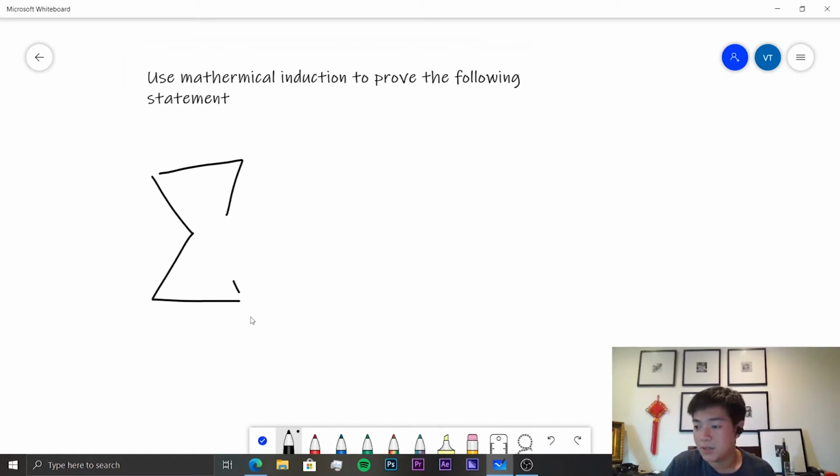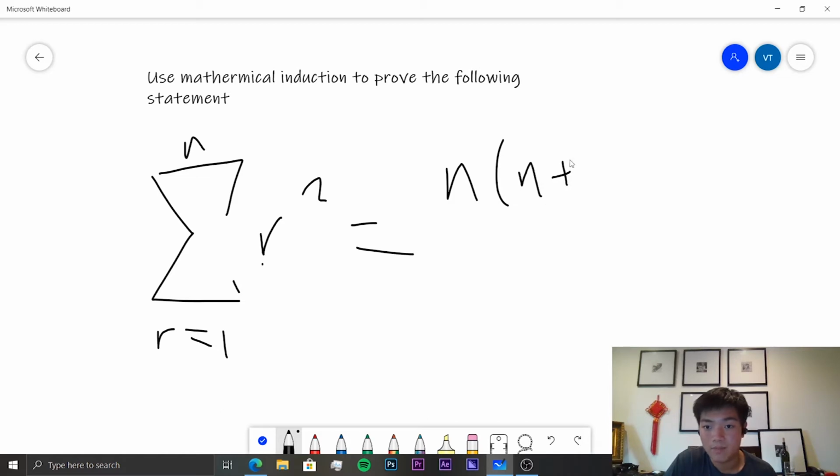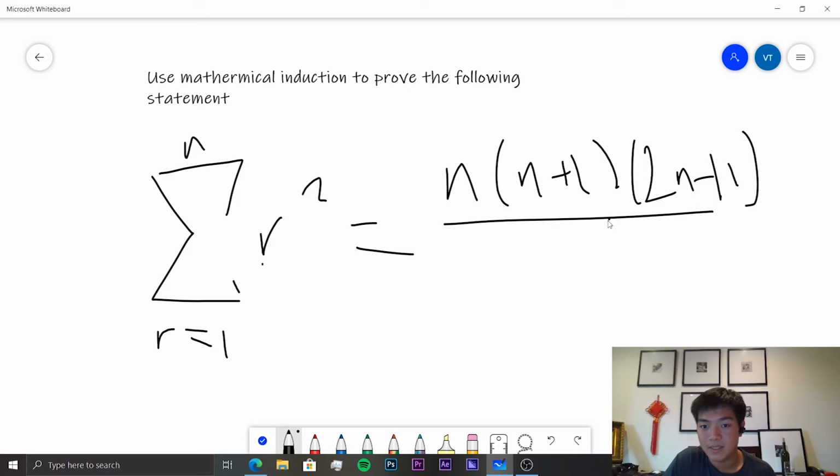So the harder one is from r equals 1 to n. We need to prove the sum of r squared is equal to n times n plus 1 times 2n plus 1 divided by 6. This is the sum of squares, so we need to prove it.